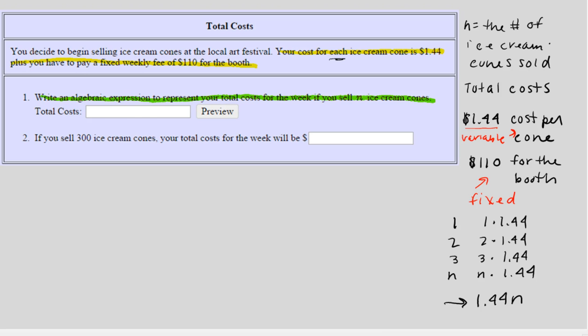Okay, so now let's write this in words, and then we're going to translate it to an algebraic expression. The total cost is the cost for renting the booth plus the cost for making the ice cream cones.